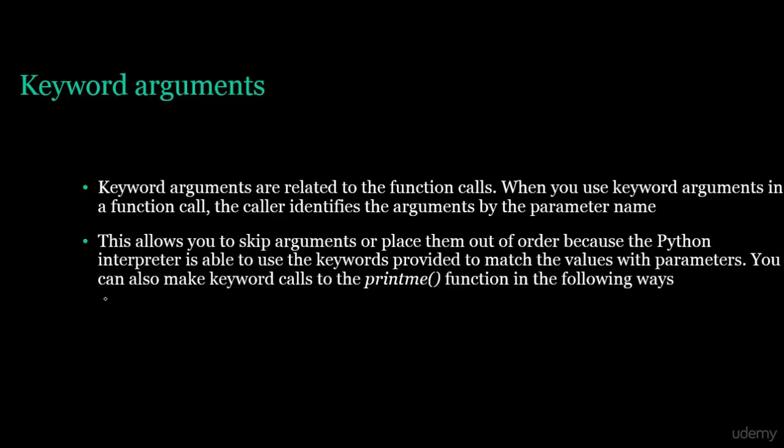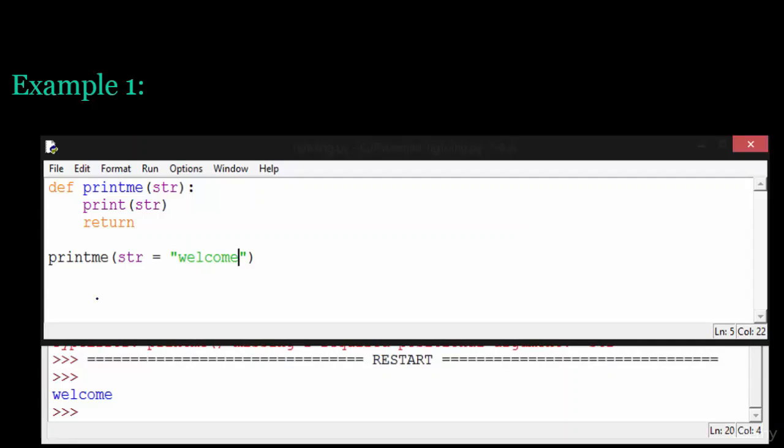This allows you to skip arguments or place them out of order because the Python interpreter is able to use the keywords provided to match the values with parameters. You can also make a keyword call to the print me function in the following ways. Let's see this example here. All I have to do is, when we call our function, I write str equal to welcome, not welcome only.